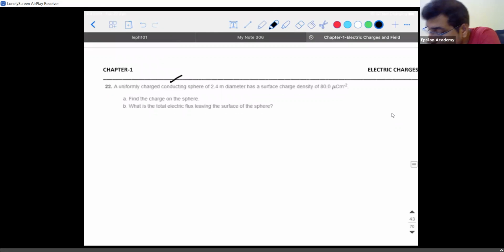So again, a uniformly charged conducting sphere of 2.4 meter diameter has a surface charge density of 80 microcoulomb per meter square. Microcoulomb per meter square is for surface charge density, that is sigma. Find the charge on the sphere. How will you do it?